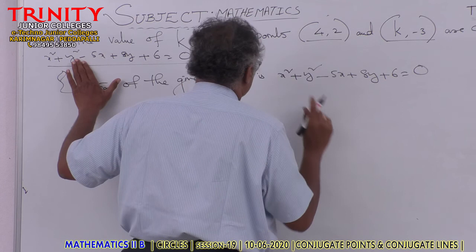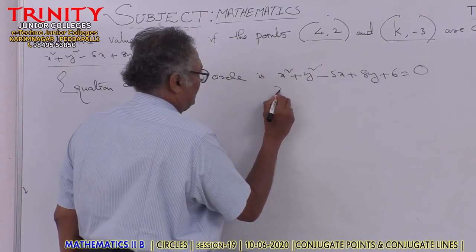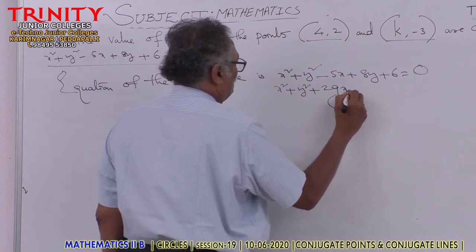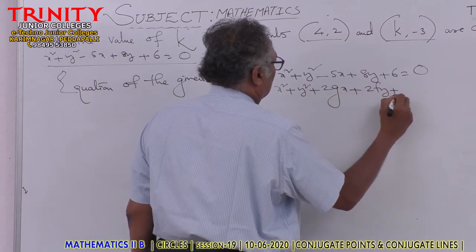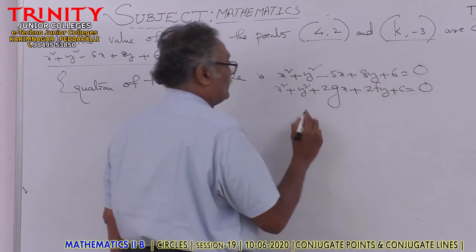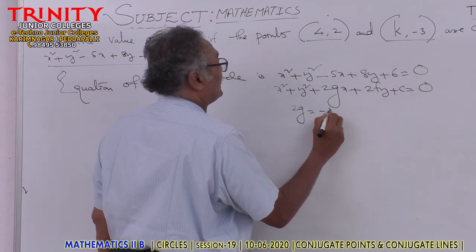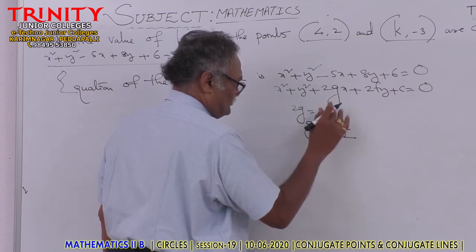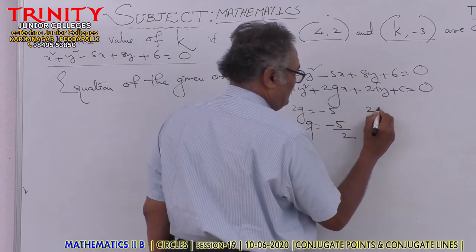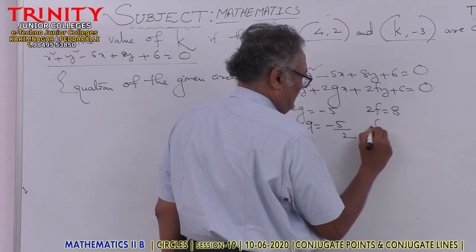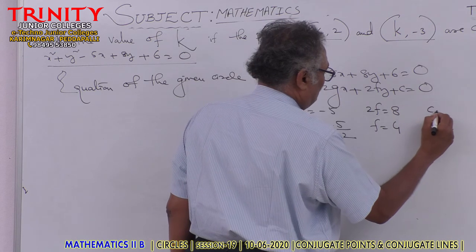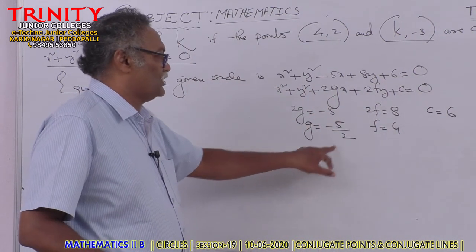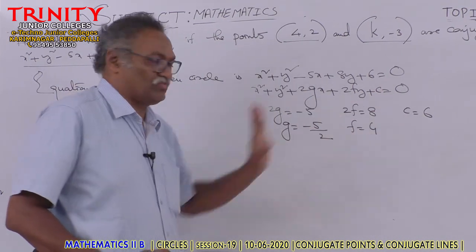Comparing this equation with x square plus y square plus 2gx plus 2fy plus c is equal to 0: 2g is equal to minus 5, g is equal to minus 5 by 2. 2f is equal to 8, f is equal to 4, c is equal to 6.